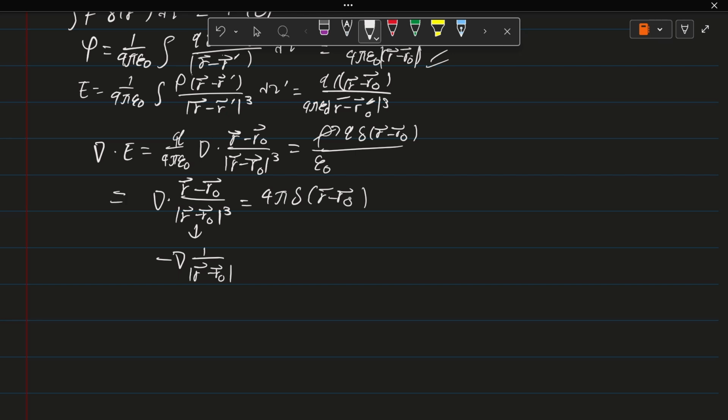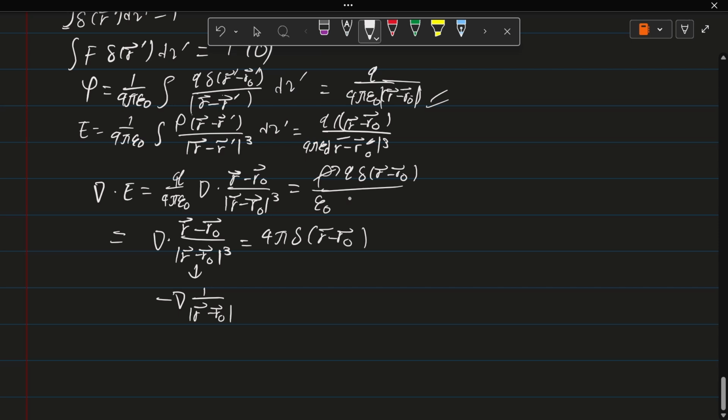And this is also basically coming from the definition of the E as well, which is from the top here. So the negative Laplacian of 1 over the length of r vector minus r0 vector is the same thing as 4 pi Dirac delta of r vector minus r0 vector. And this is a very important equation, or an identity, for you to remember.